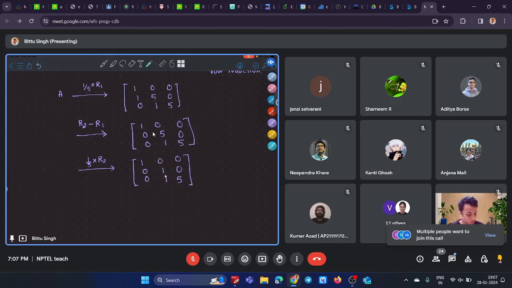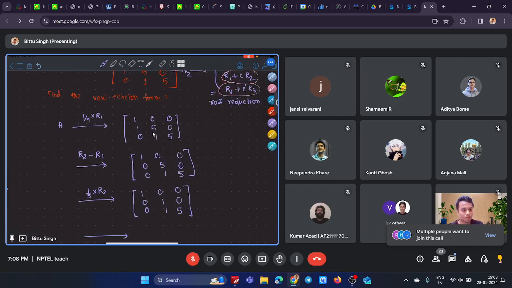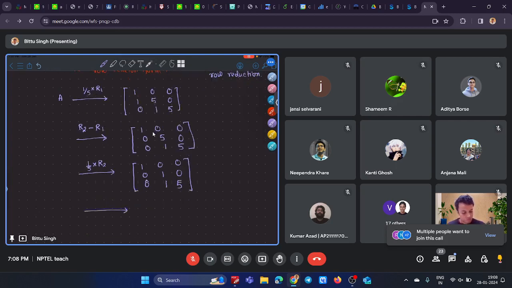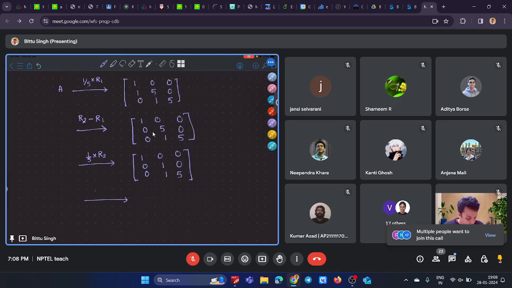So you have to somehow get 0 here. Again use the operation of multiplying a row by a constant and subtracting: R3 minus 1 times R2. Sorry. Now this matrix will become 0 0 5 in the third row.